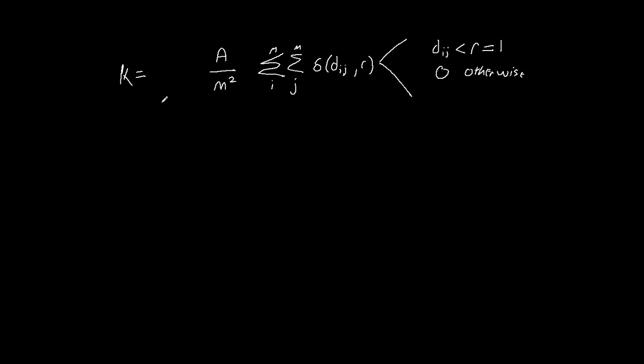So how do we interpret the K that we get? Assuming A and M are consistent, assuming that we're not changing A and M, because changing A and M is going to change this whole picture.